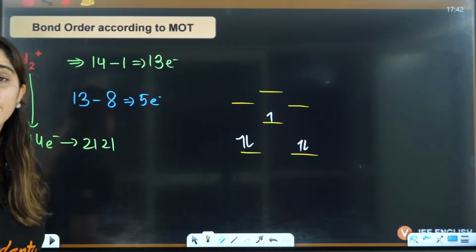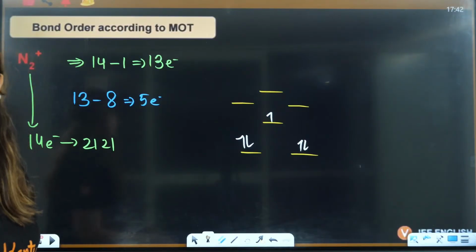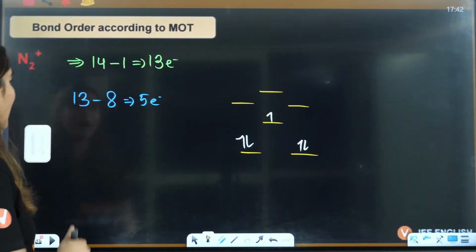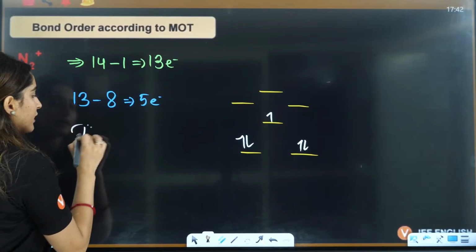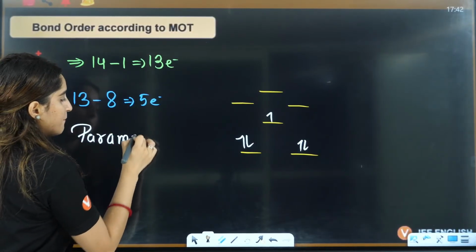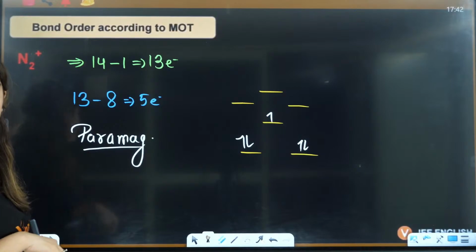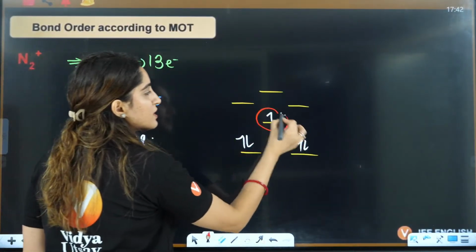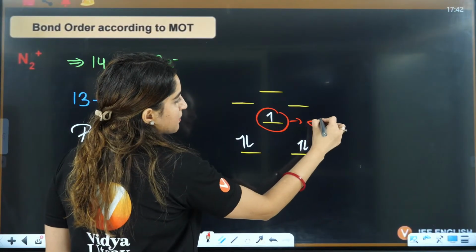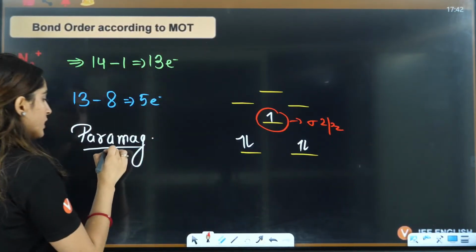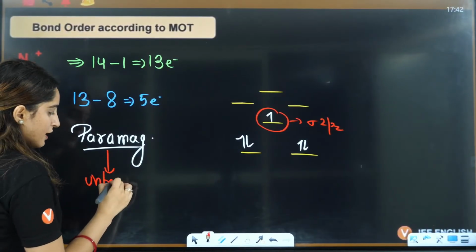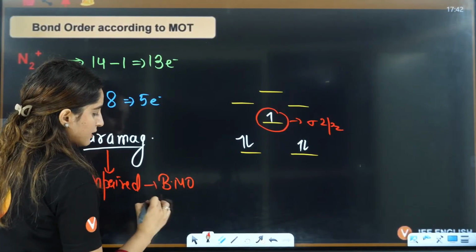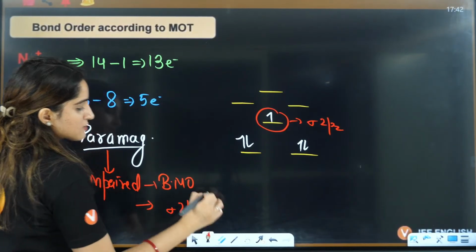So we can say N2 positive is actually a paramagnetic compound. And here the unpaired electron is in which one? This is sigma 2pz. So the unpaired electron is in a bonding molecular orbital, that is sigma 2pz.